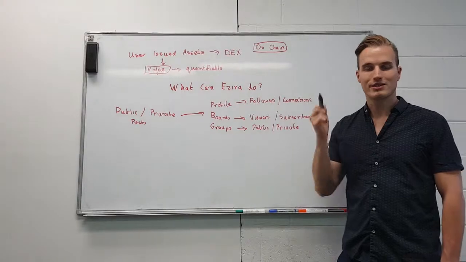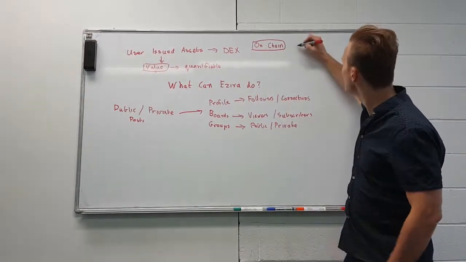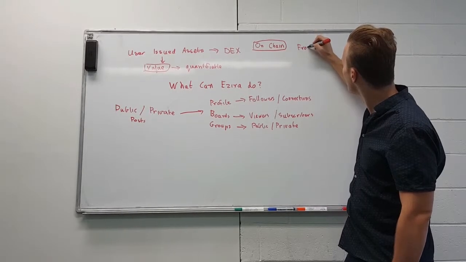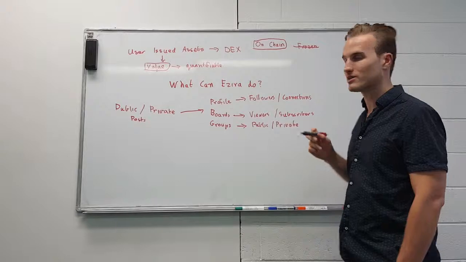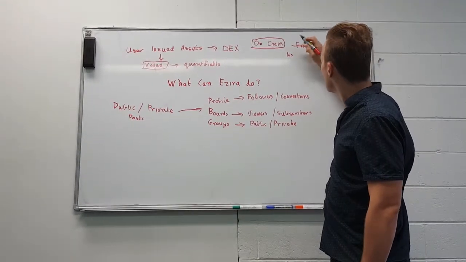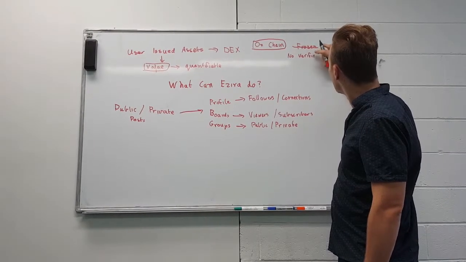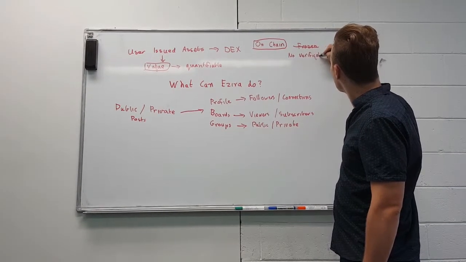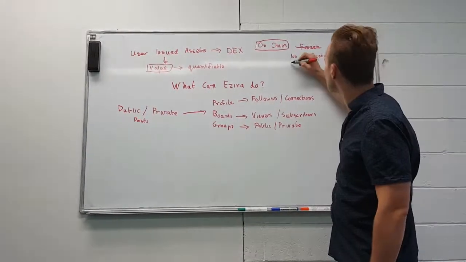What that means is that no one can have their funds on the decentralized exchange frozen. All of your funds are secure and they can't be frozen. There are also no verification checks. And no withdrawal and deposit limits.